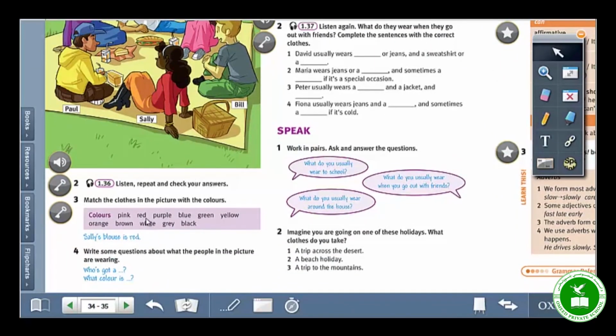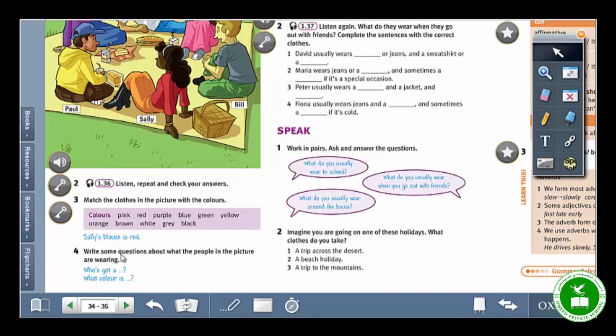Okay, red, purple in our language we say banjani. Blue, green, yellow, orange, brown, white, gray, khaki. Okay, black. So just find these colors with these people and make sentences just like that one.